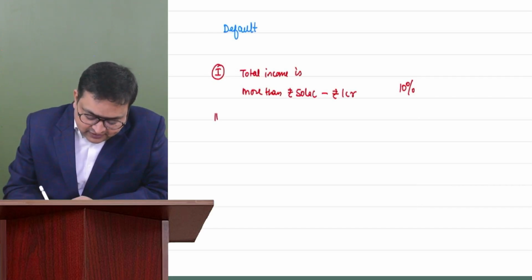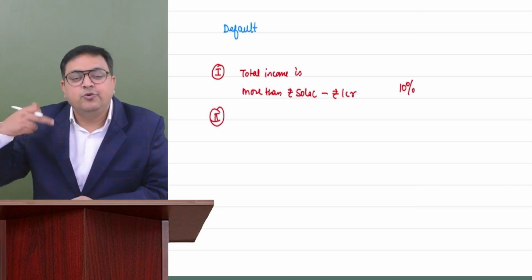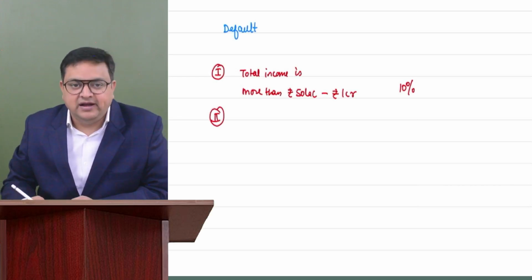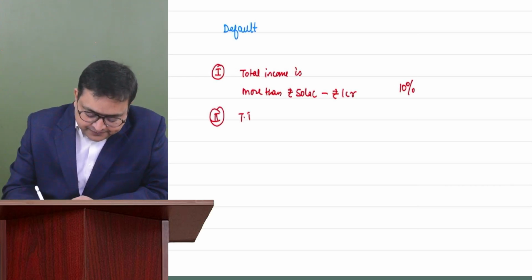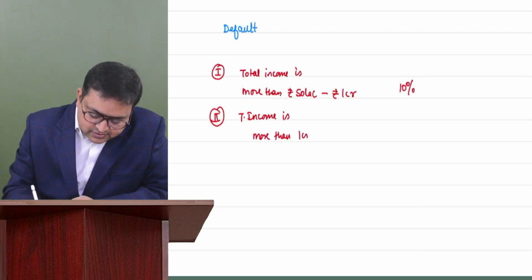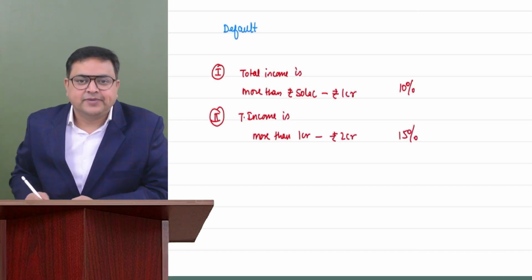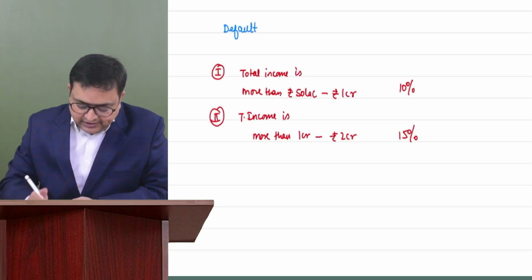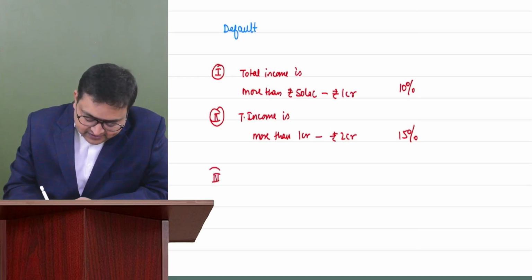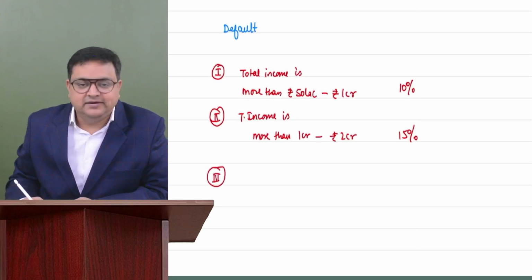If the persons are super rich, their income is more than 1 crore, then they are in the second level. So if the total income is more than 1 crore and up to rupees 2 crores, then the surcharge rate would be 15%. Got it? Easy. Now the third level. Please understand this third level in detail.